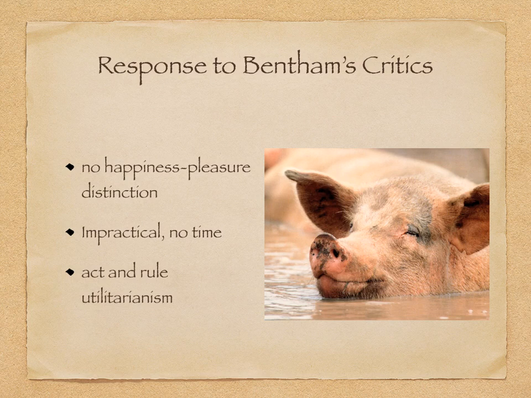What Mill would argue is that in this circumstance, maximizing the greatest happiness for the greatest number of people will be best served by not telling the truth, by sending him off through some sort of deception or something else. But telling the truth would not be the best thing to do in that particular circumstance. And so that's where the distinction between act and rule utilitarianism comes in.